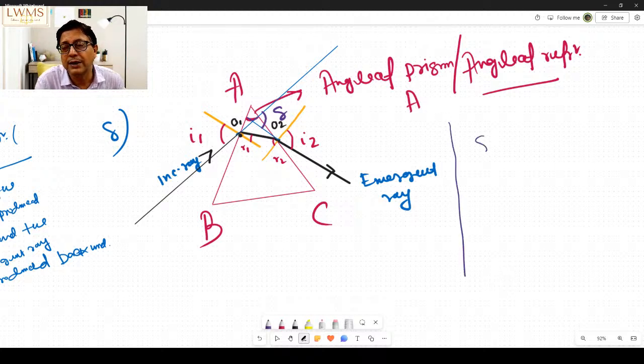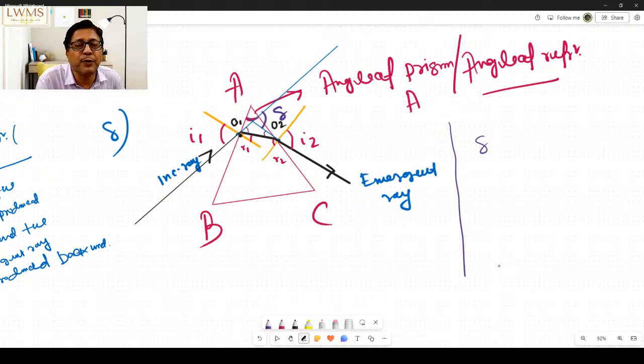Here delta is equal to this angle. It is the sum of two interior opposite angles, this one and this one. But this one is what? Total angle I1, this is R1. So this part will be I1 minus R1. Am I correct?